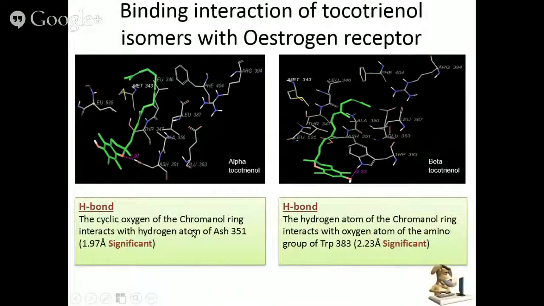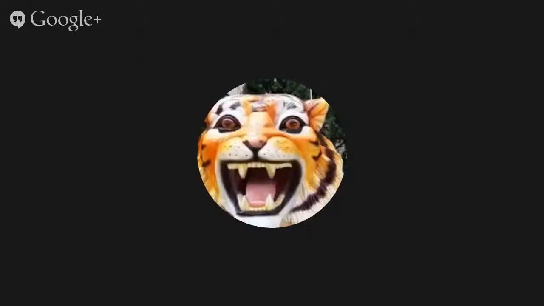There is a strong hydrogen bond in alpha tocotrienol between the chromanol ring and the oxygen atom of the amine group of 383, tryptophan amine group.